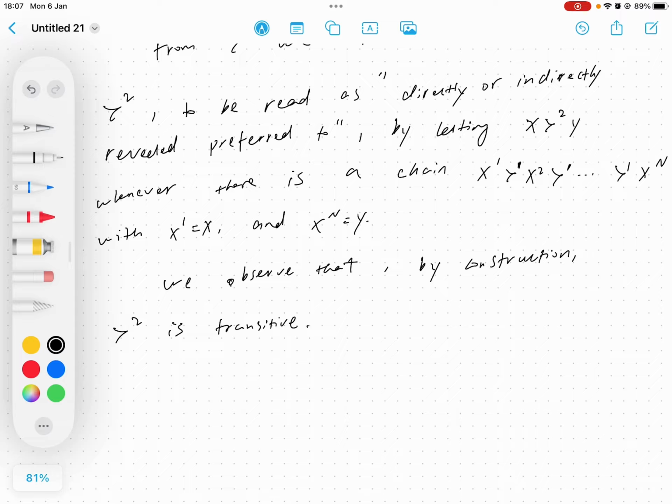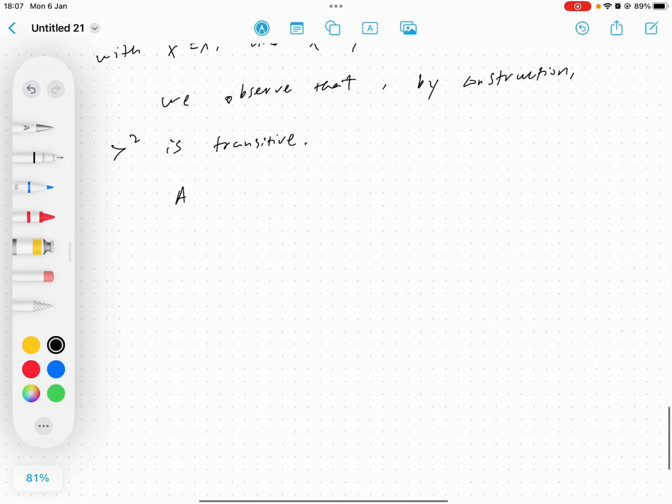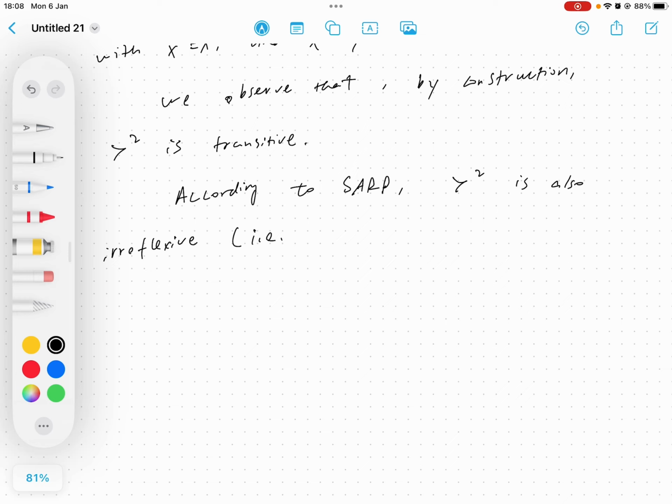Also, according to the SARP, this second relation has to be irreflexive. Okay, so x cannot be better than itself.